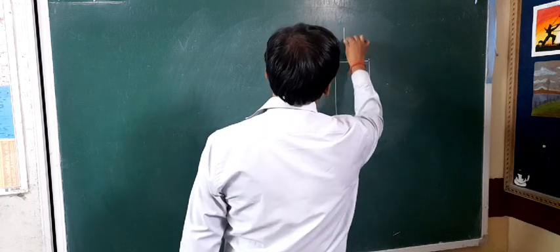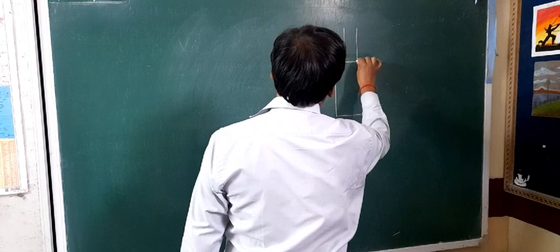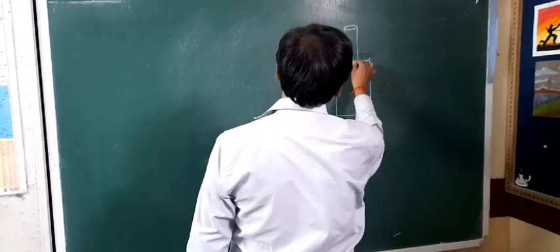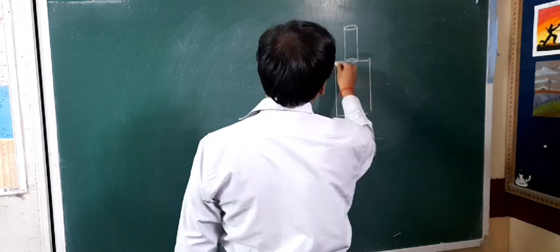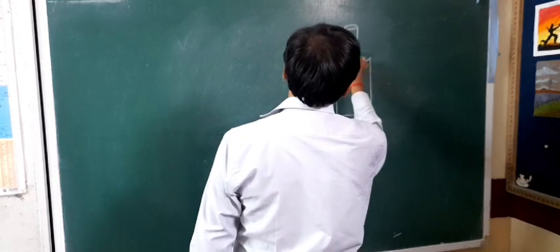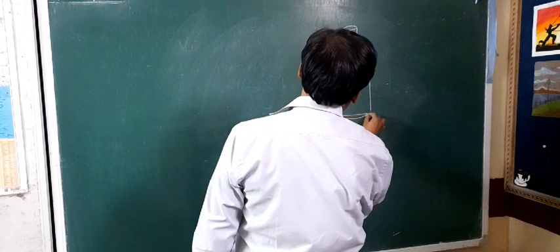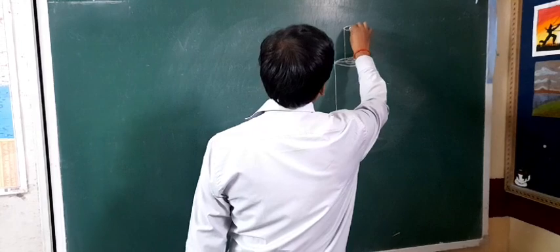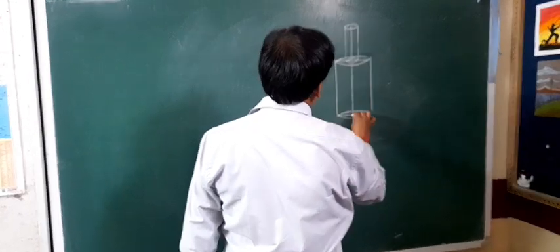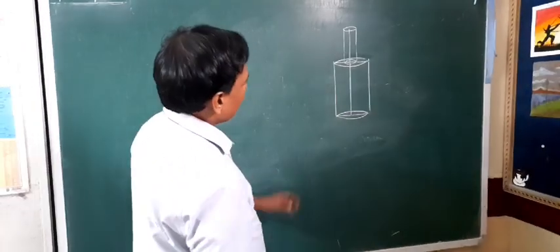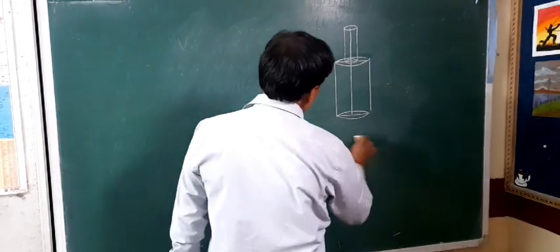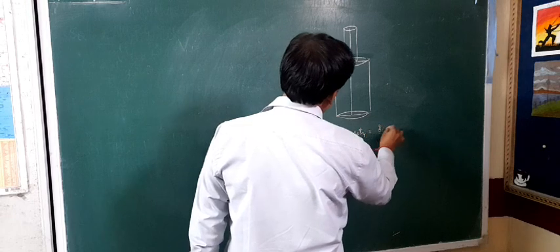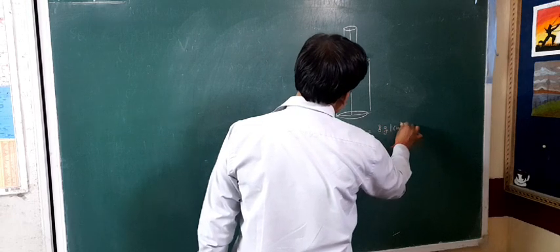One iron pole is bigger and broader, in the bottom part, and surmounted on it is another cylinder above the first one. We need to find the total mass of this iron pole, because the density is provided here. The density given in the question is 8 gram per centimeter cube.